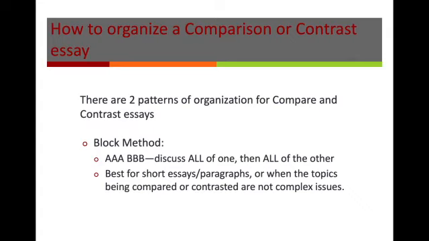Usually we call this the AAA and the BBB method, where everything of this one particular event or this one particular object is discussed first, and then all of the other particular objects or events are discussed. Now, the block method is best for short essays or maybe just the one paragraph, or when the topics being compared and contrasted are not complex issues.